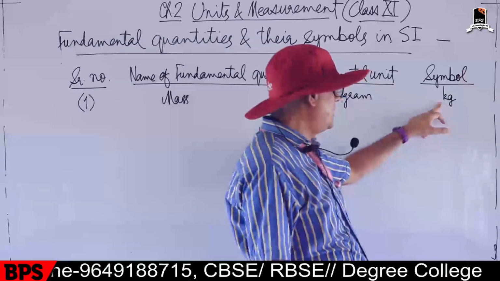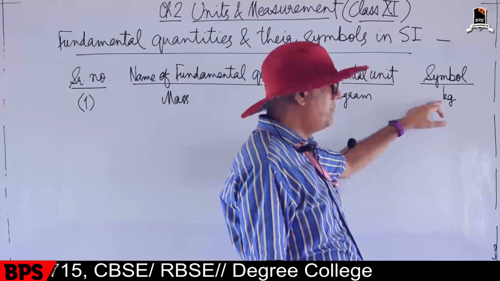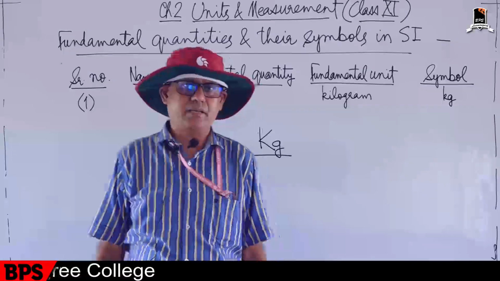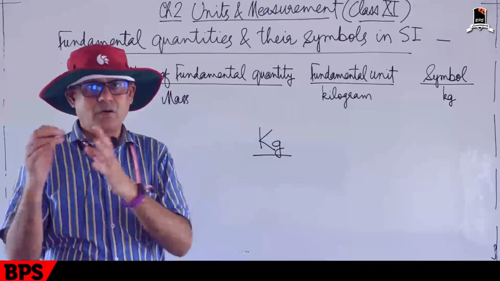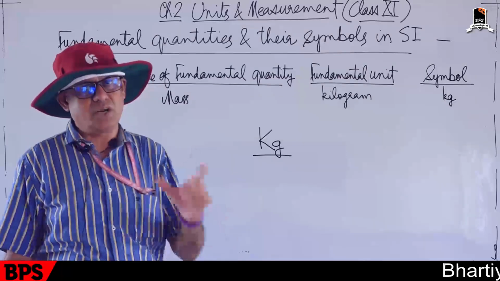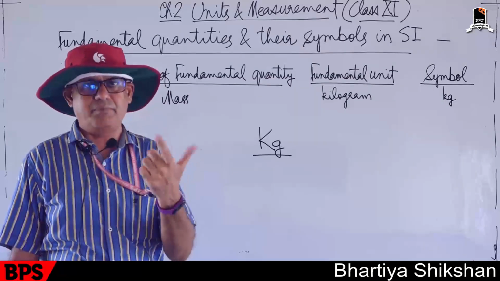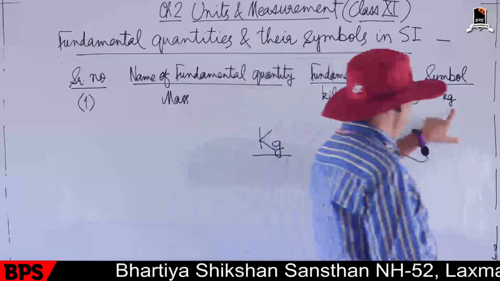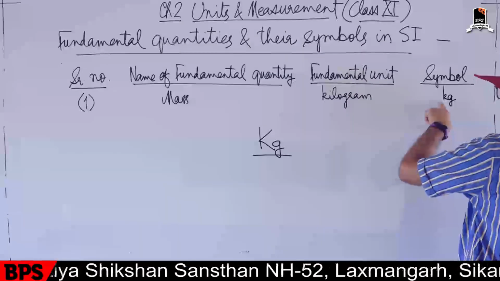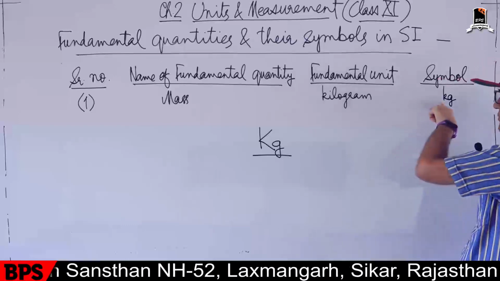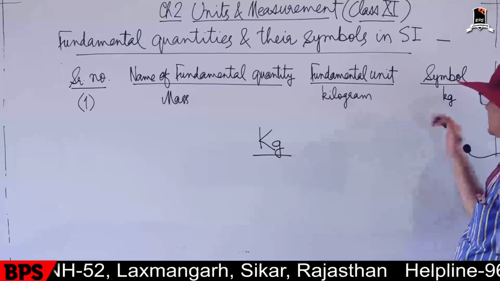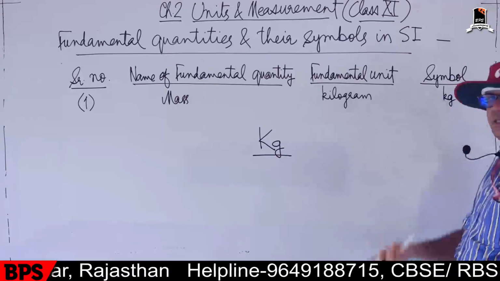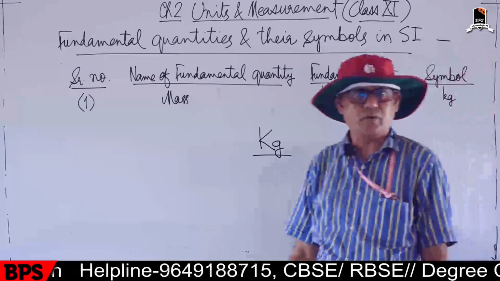And if you take 1 kilo of grams, meaning 1000 gram, then it becomes kilogram. So symbol of gram is small g, symbol of kilo is small k. So small k small g is the symbol of kilogram.